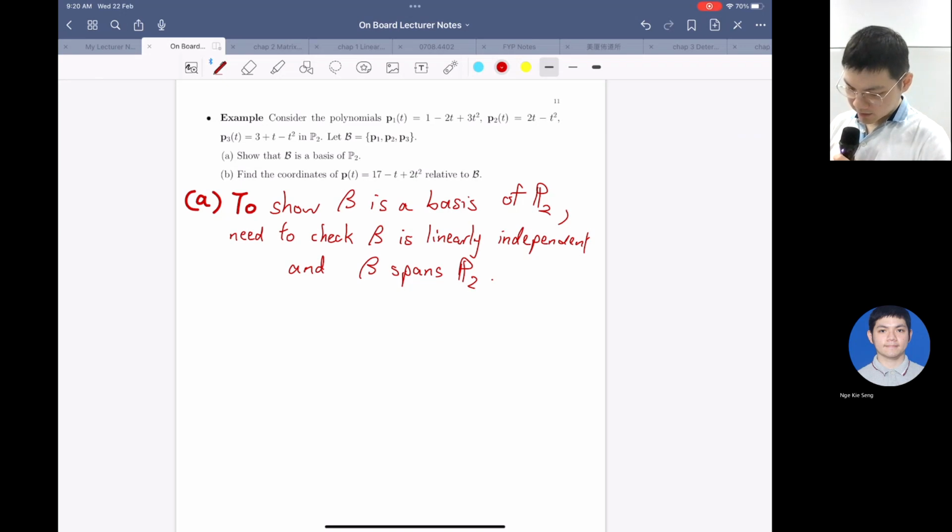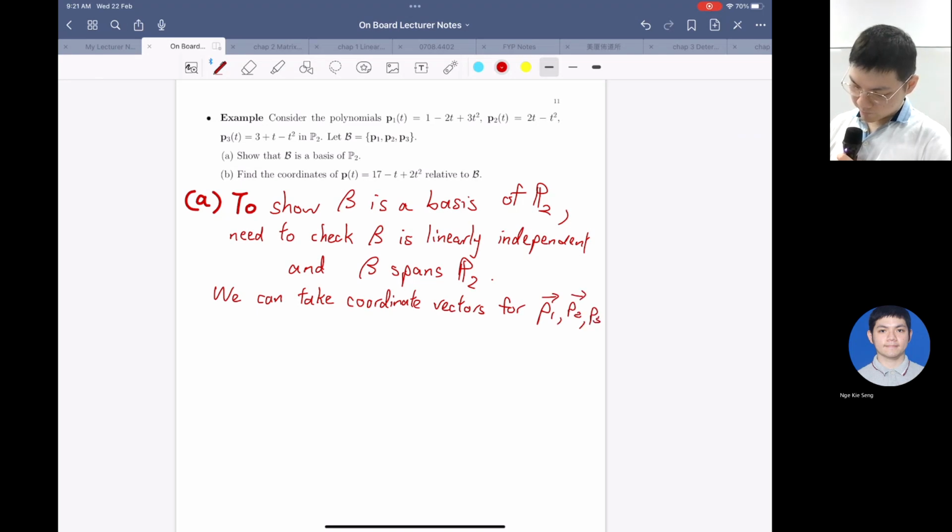We learned that we can take coordinate vectors for P1, P2, P3. So what's the coordinate vector for P1, P2, P3? For P1, you have 1, minus 2, and 3.